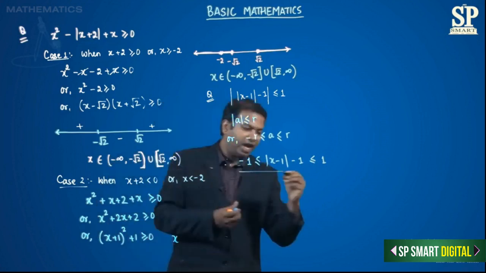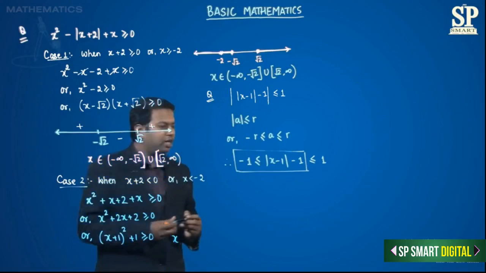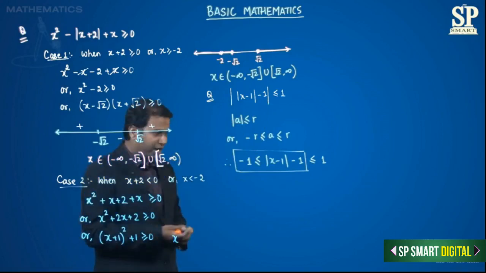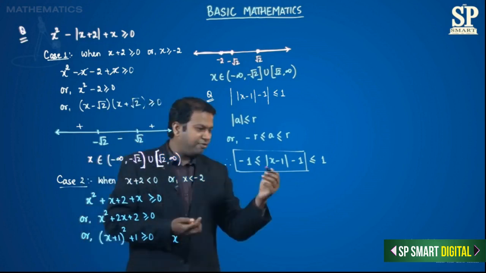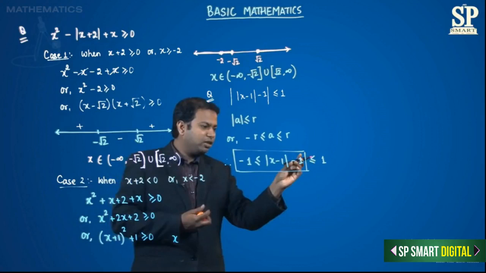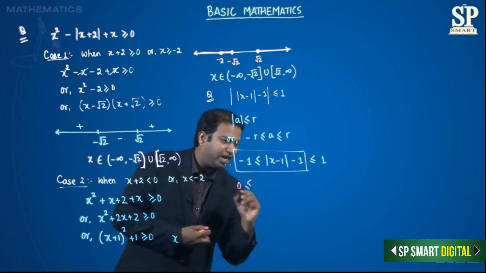So let us now first consider the left hand side of the inequality, that is this part, minus 1 less than or equal to modulus x minus 1 minus 1. So here if we simplify this further, let us add 1 on both sides.